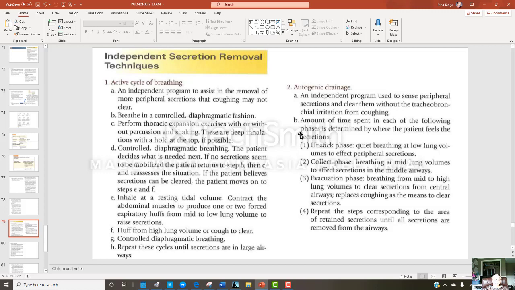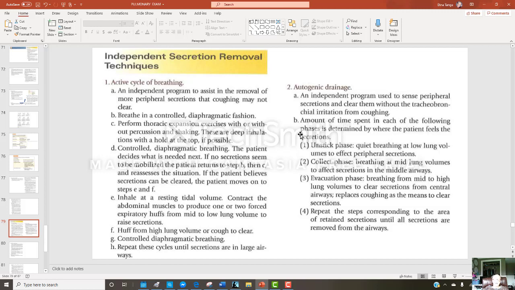If the patient believes secretions can be cleared, the patient moves on to steps E and F. Inhale at a resting tidal volume. Contract the abdominal muscles to produce 1 or 2 forced expiratory huffs from mid to low lung volume to raise secretions.